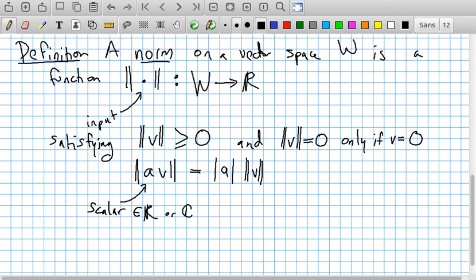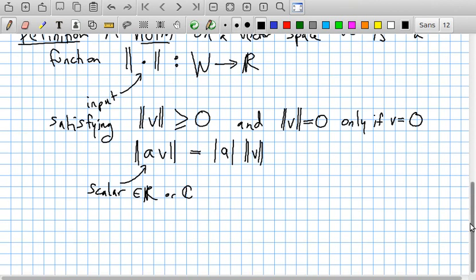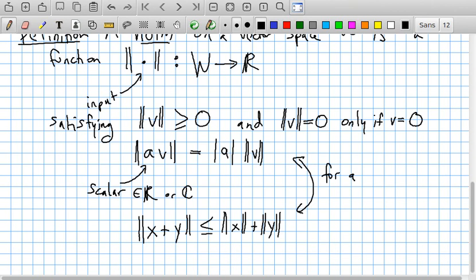And the final thing that makes it very normy is the triangle inequality. And both of these are for all v, x, and y in my vector space. Okay, so those are the properties that make it a norm.